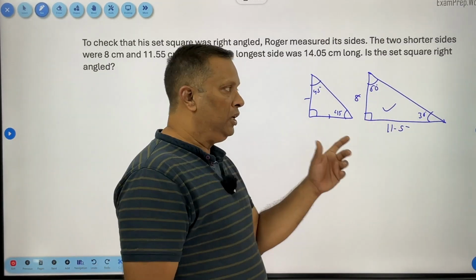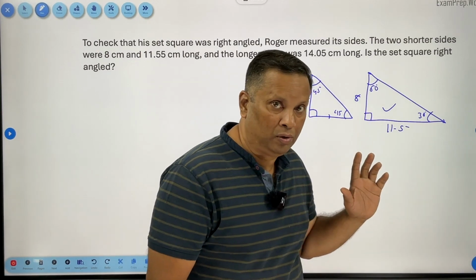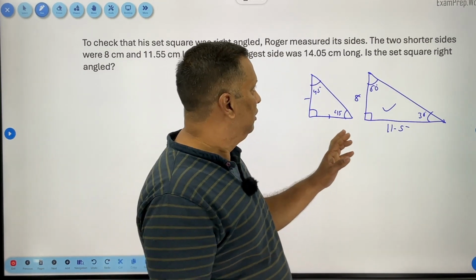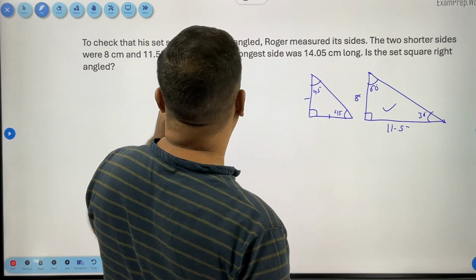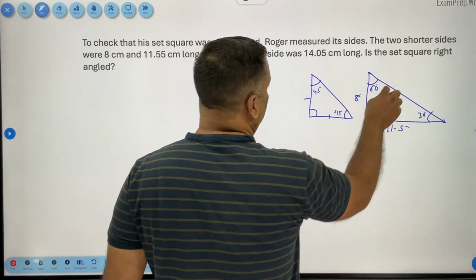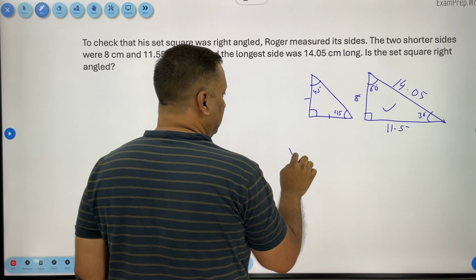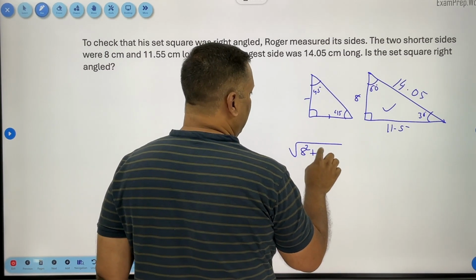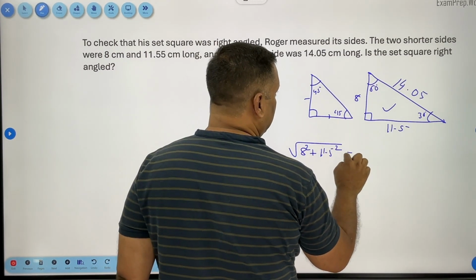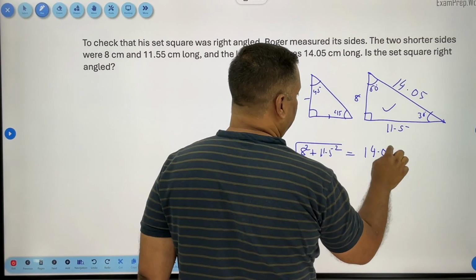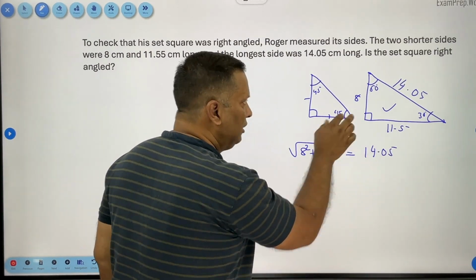Now, his doubt was whether this is 90 degrees or not. The longest side is 14.05. That means you have to check whether 8 square plus 11.5 square is 14.05. If this is true, then it is 90 degrees.